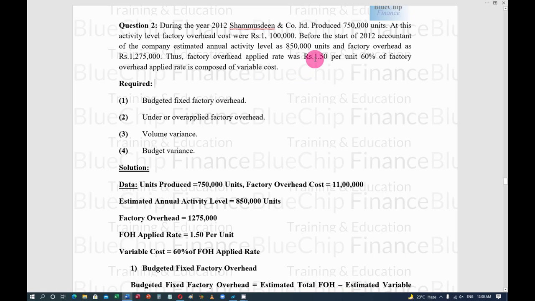As I discussed earlier, FOH applied rate equals fixed rate plus variable rate.